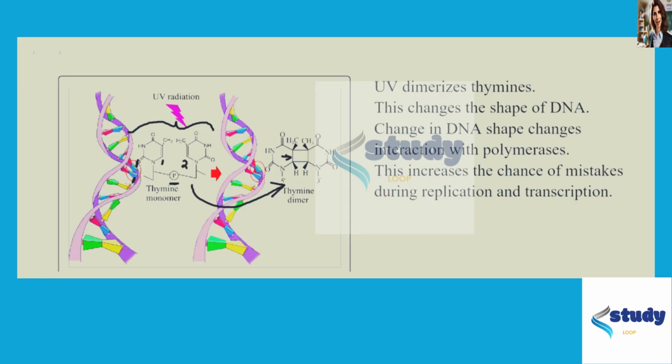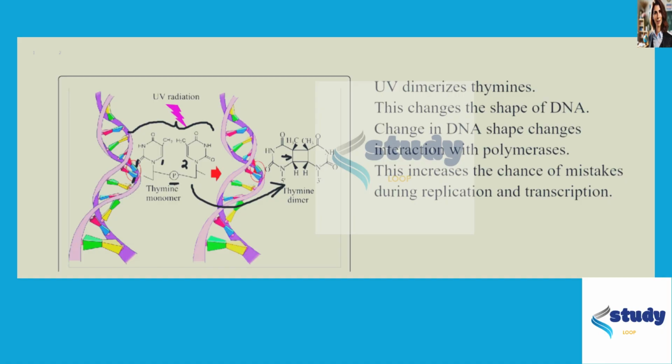Same thing with DNA. DNA has a uniform structure throughout. It maintains the same major groove, the same minor groove, and the same diameter throughout the entire length of the DNA. And if at any one point you change the physical structure of the DNA, you are going to change its shape.